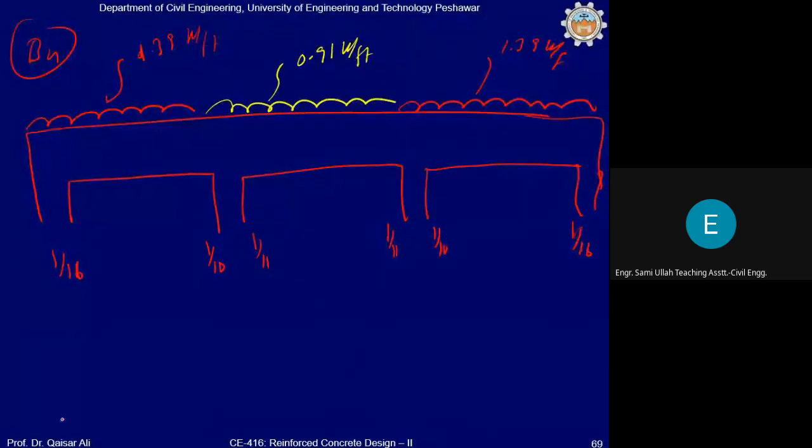These are the negative moment coefficients, and positive moment coefficients are 1 over 14, 1 over 14, and 1 over 16. So in this way you can calculate the moment and shear values, and then you can design the beam yourself.